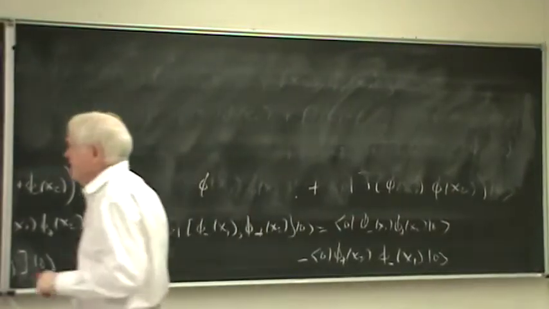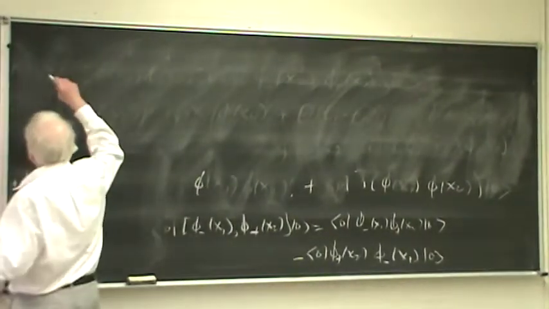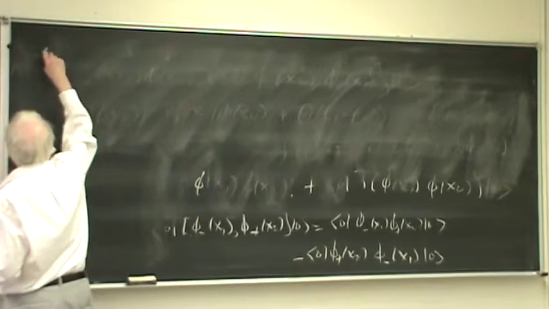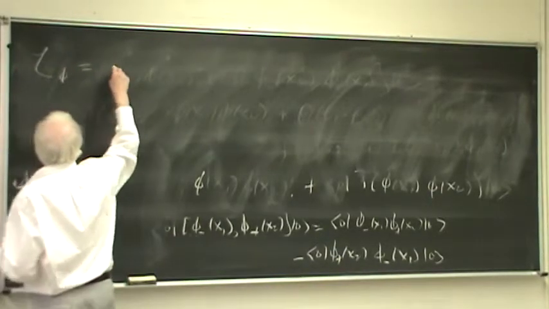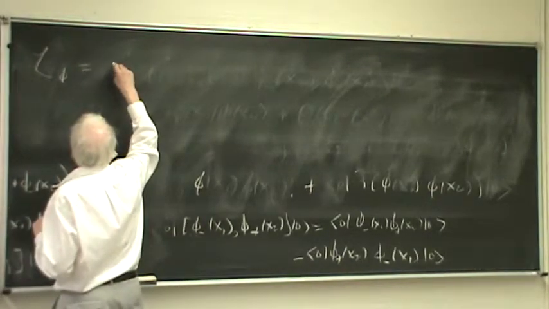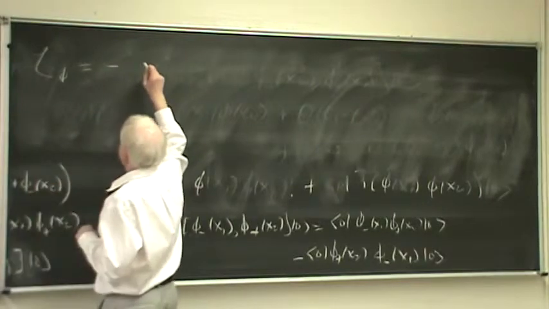All right. Anyway, so what Higgs said was, well, let's have the Lagrangian of the phi fields look like this. Because it's complex, you don't need a half.